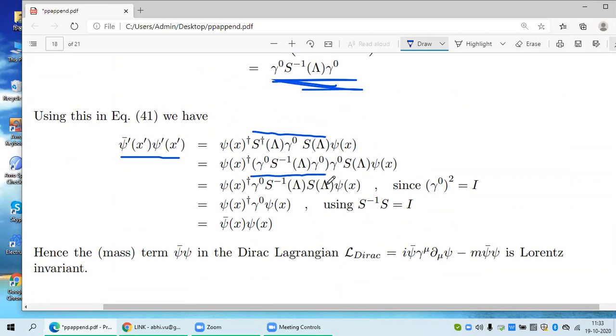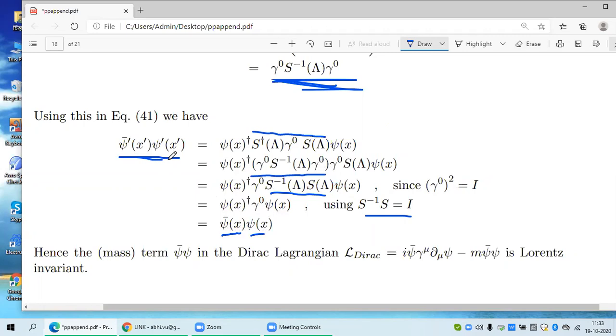Now you see there are two gamma zeros here. They can be dropped because gamma 0 square is 1. So I drop it here and I get this term. And S inverse S psi is again 1. Therefore, I get psi dagger gamma 0 psi, and psi dagger gamma 0 psi by definition is psi bar psi.